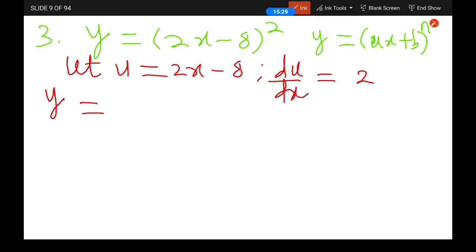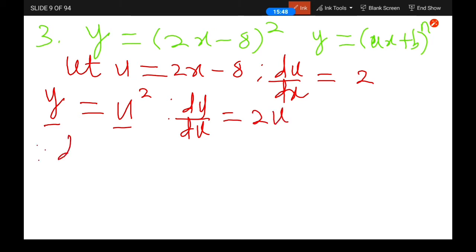Everything was u. Do you remember that? So we have u raised to power 2. Therefore, dy du. Look at that. I have y and I have u. That will be dy du. Remember, the 2 will come down, and that will be 2u, 2 minus 1, 1.